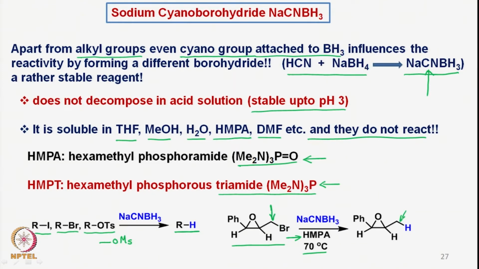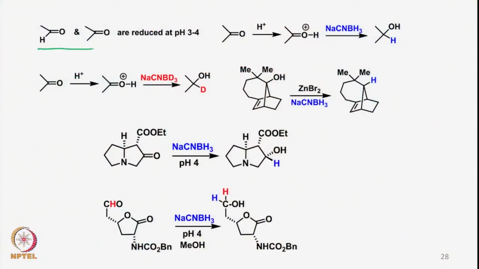In these cases, one thing important to remember is that sodium cyanoborohydride is stable under acidic conditions up to pH 3. So what are the reactions that are done? As I mentioned, we have decreased the reducing ability of sodium borohydride by introducing a cyano group, and thus sodium cyanoborohydride is less nucleophilic, therefore we need to increase the electrophilicity of the molecules we need to reduce.